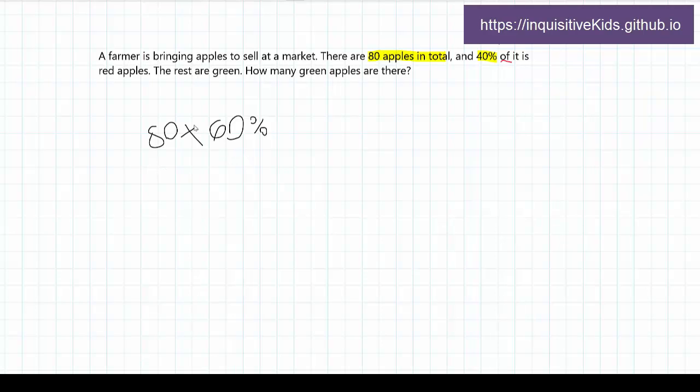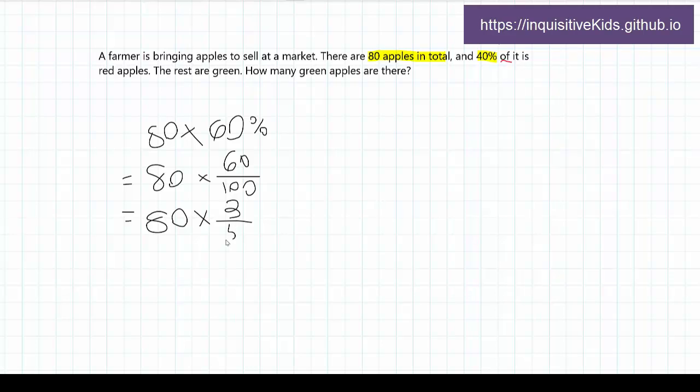It tells us that whatever percent it is actually that number over 100. So we can also rewrite it as 80 times 60 over 100. To make it more simplified, I can simplify the fraction into 3 over 5.